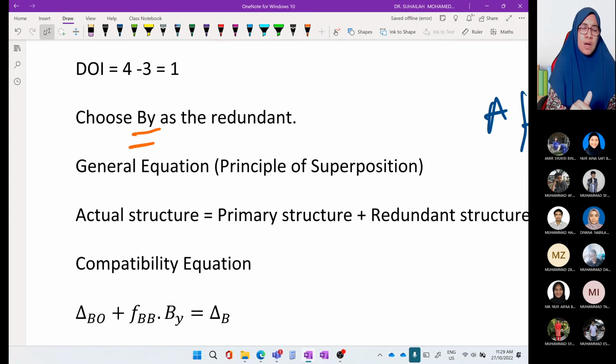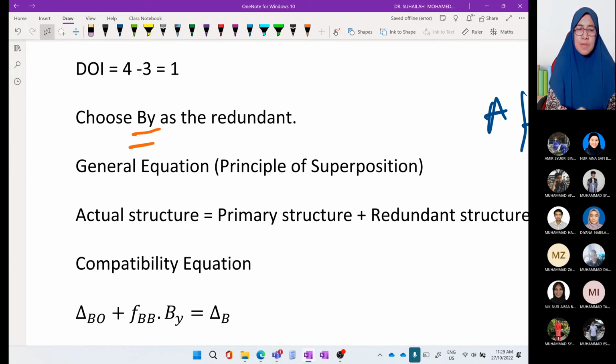We can also choose to remove MA from the system. If MA is the redundant, we have to look at the rotation at A. This time, since BY is redundant, it is located at B, so we have to look at the delta at position B.